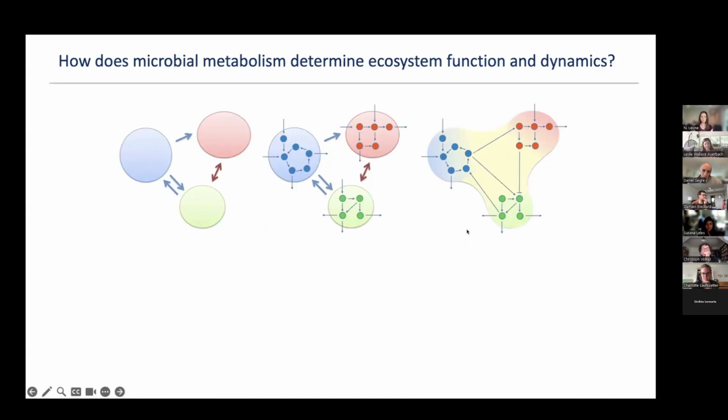So one of the big questions we address using modeling is how to understand the way microbial metabolism in individual microbes determines ecosystem function and dynamics. I illustrate this in 3 possible ways one can address this question. There are models where individual microbes are kind of black boxes and there is no real internal structured information.